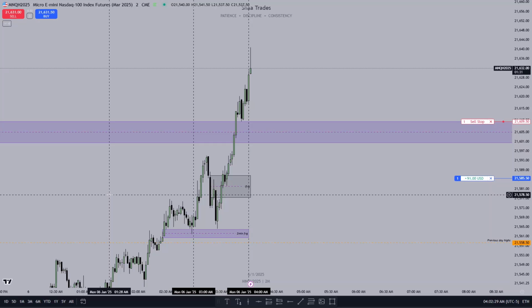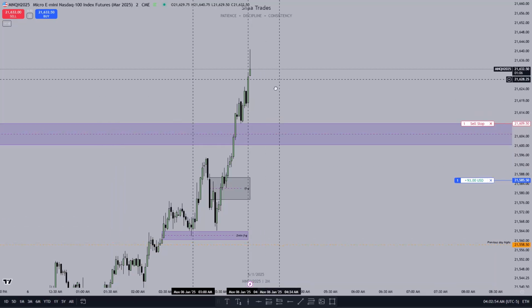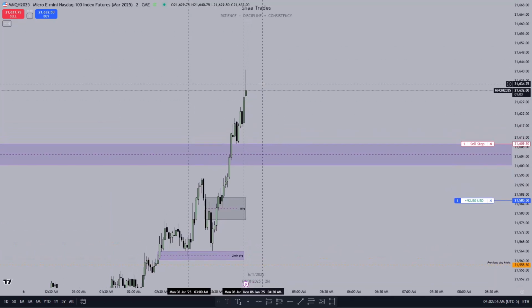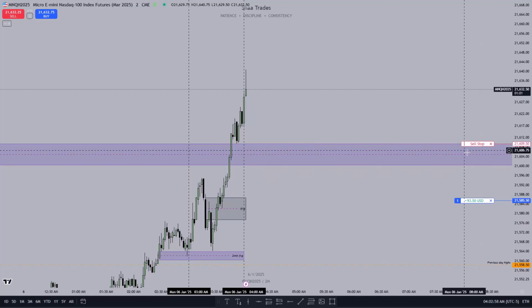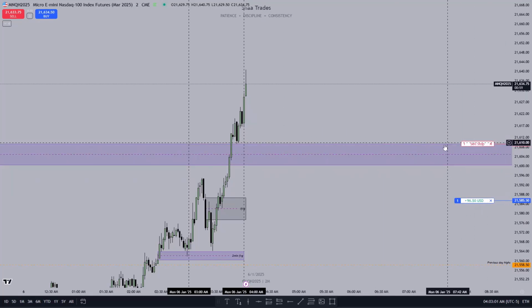I measured my 1 to 2, and I know how much I lost on the first trade, so I made that back plus more, about a 1 to 2.2. I had 3 contracts, I took off 2, and I'm leaving this as a runner, and I don't have any take profit in. I would have been out of the trade and all of this would have been gone, right? So I'm using my stop loss as a take profit.